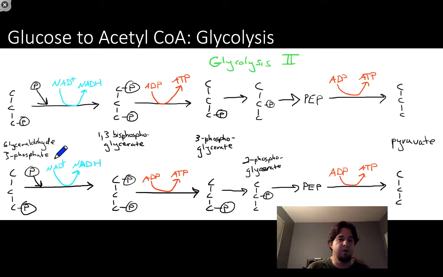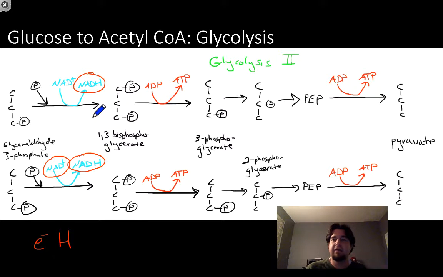And this is the first time where we see NAD plus come in, and this chemical reaction is going to take electrons and hydrogen, right? So we have a G3P here and a G3P here, so we're going to make two different NADHs that are both carrying electrons and hydrogen.